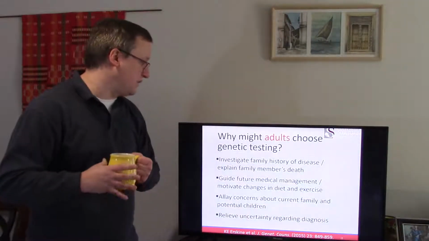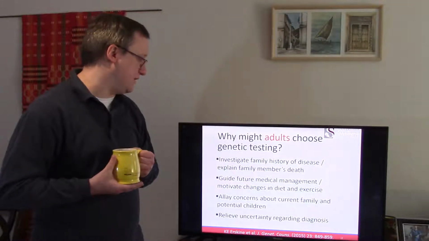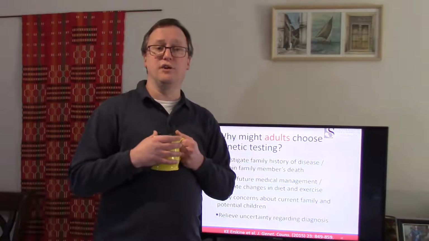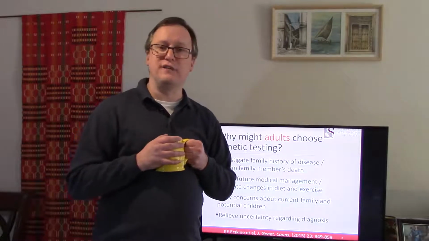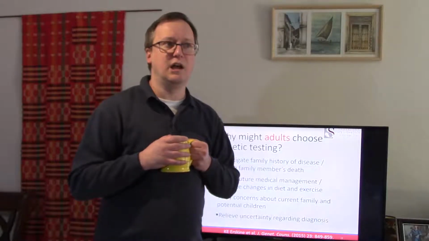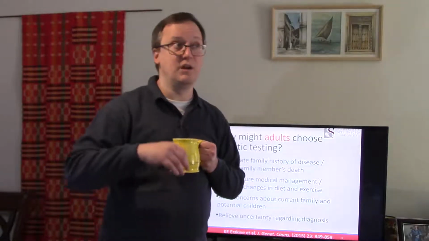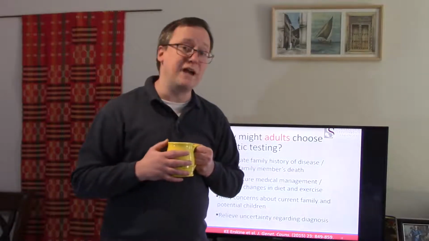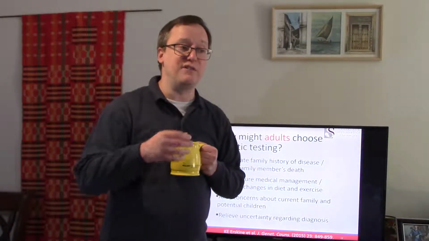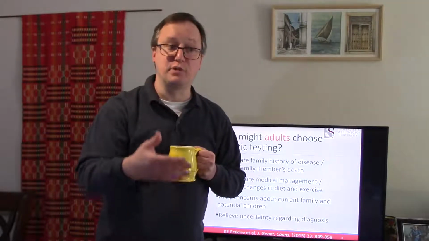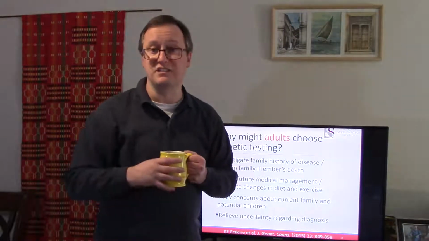It may be that I want to allay concerns about my current family and potential children. Yes, if you're planning on starting a family with somebody and you come from a family that has a known history in, say, cystic fibrosis or other genetically related diseases, you might want to know, do you have a greater likelihood of producing a child who has genetic disease because of that?